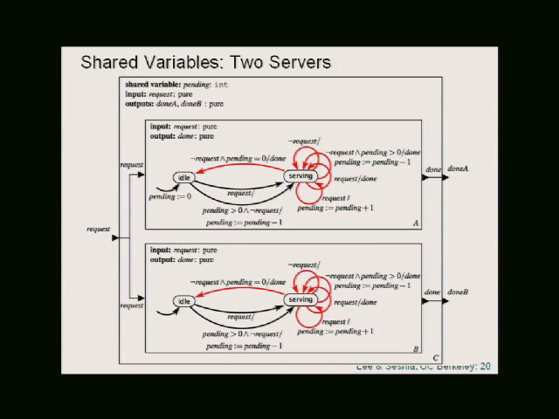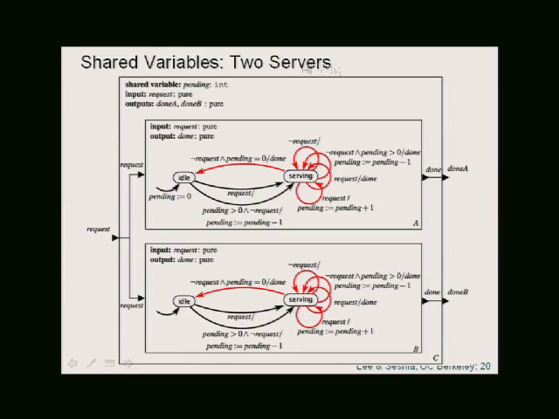Here we have a model of two servers. You can think of these as serving a bunch of jobs that come in. You can think of these as, let's say, search requests that come into Google's data center. And Google has a bank of servers that can answer these search requests, right? So any request that comes in can be fed to either server A or server B. And when the server is done, it issues a done signal.